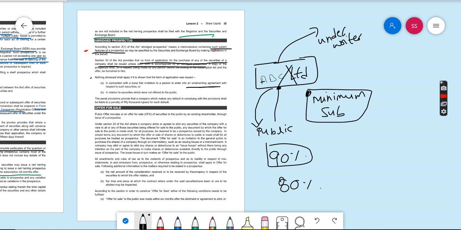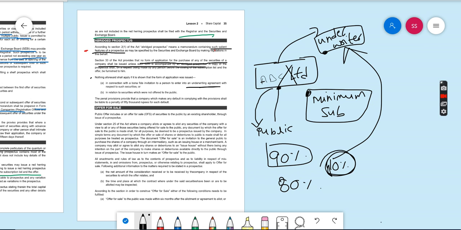Then the remaining 10% is the shortfall that will be subscribed by the underwriter. He will promise that he will subscribe the unsubscribed shares by the public. So he will cover the shortfall. For that, the company has to pay an underwriting commission to him. So if there is any such agreement, then you don't need to issue the abridged prospectus.